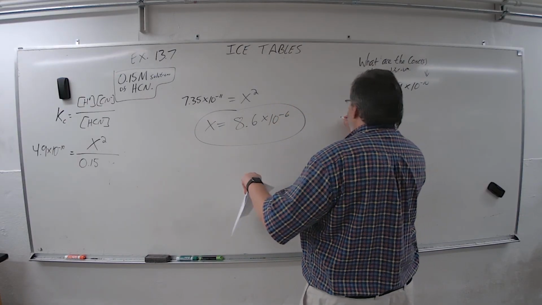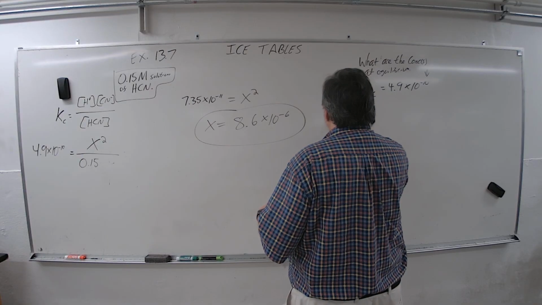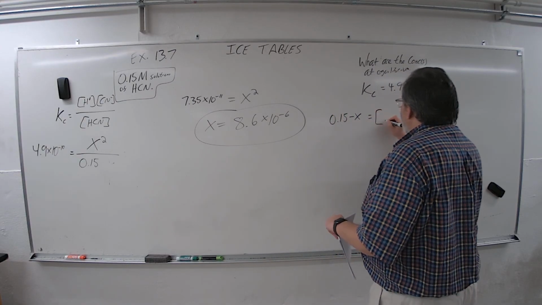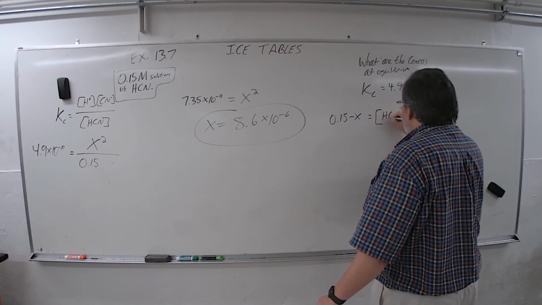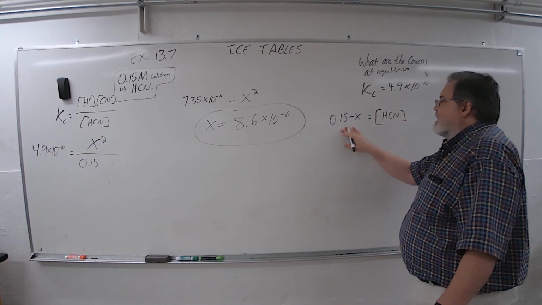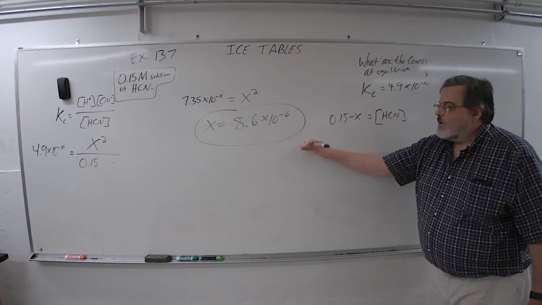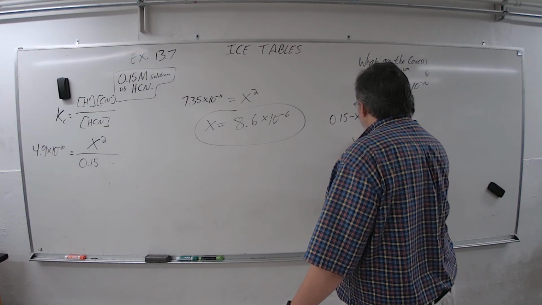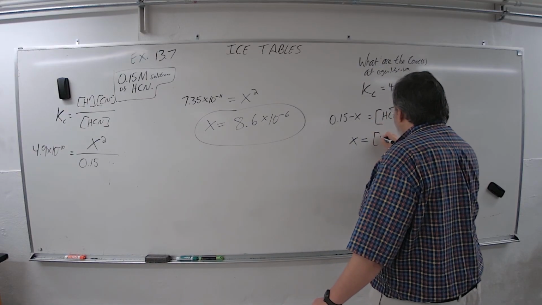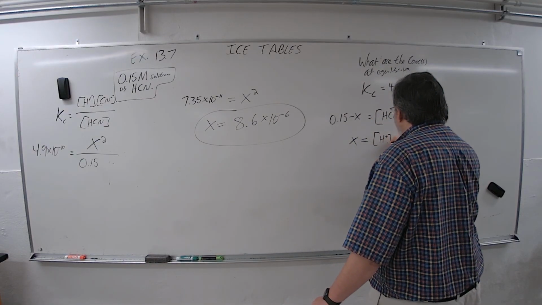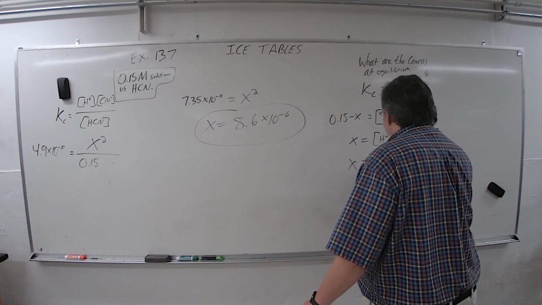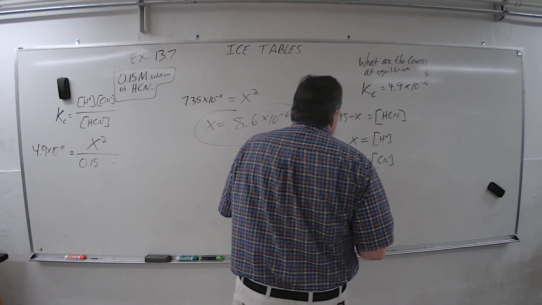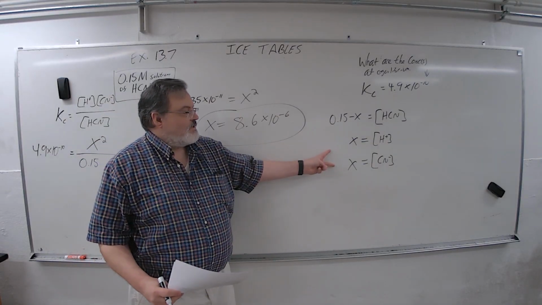So if that's x, we have... so I had this for the equilibrium concentration for HCN, and then so this is the concentration of these two.